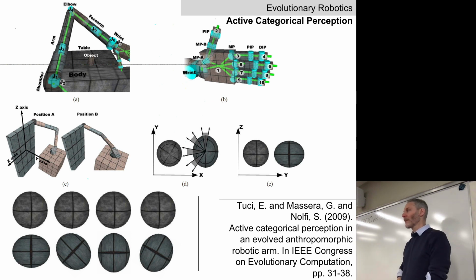Question? Why would changing the bending of the arm have any effect? Why didn't they just evolve the CTRNN to distinguish between spheres and ellipsoids with one initial setting of the arm and hand? Good question. Why?